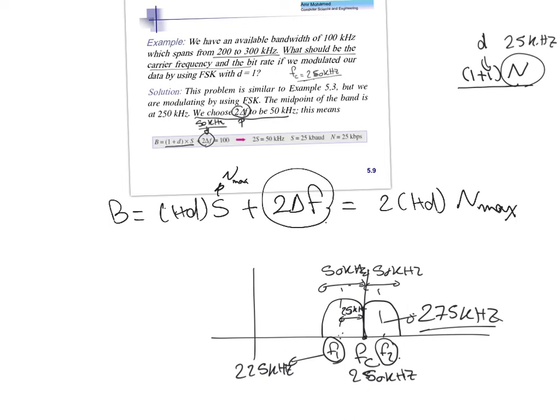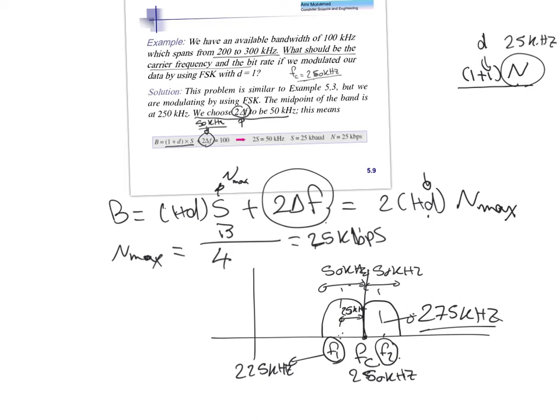Okay? So in that case, this is 1, all right? So maximum N is actually the bandwidth divided by 4, because the D here is 1, so 2 times 2 is 4. So this is actually 25 kilobits per second. Okay? Which happens to be also when the 2 delta F is 50 kilohertz.